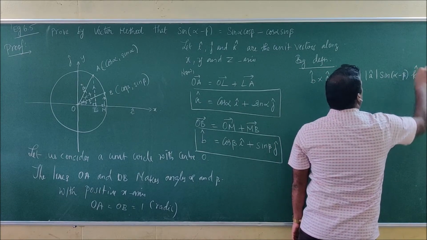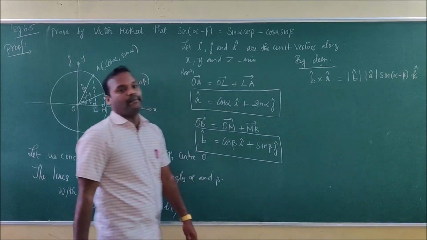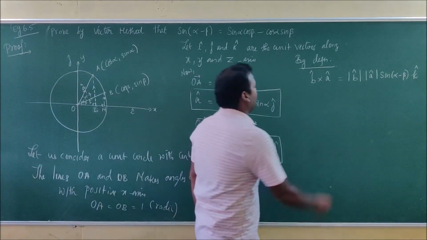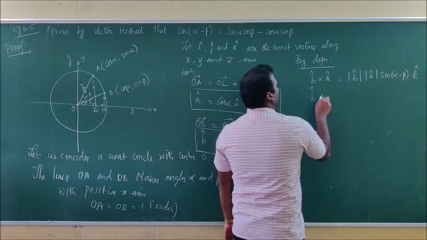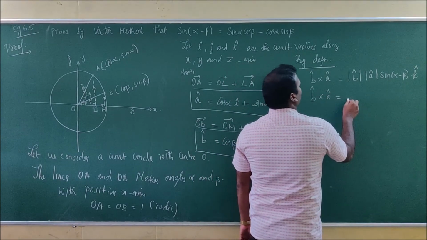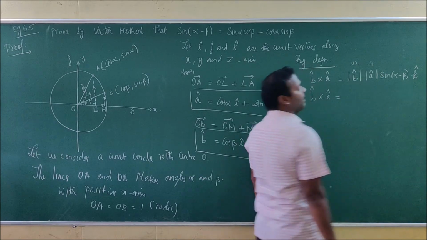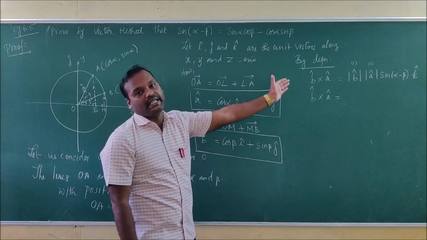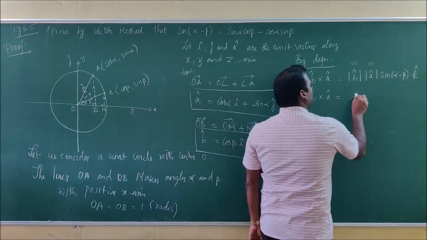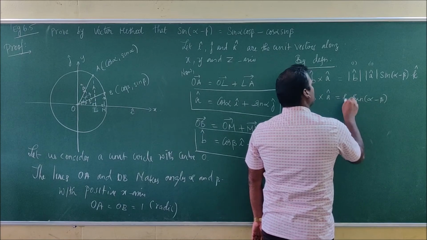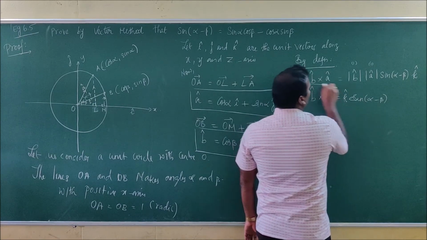The unit vector perpendicular to both i cap and j cap is k cap. So B cap cross A cap is equal to, this is 1 and this is also 1 because they are all radii of the unit circle, so you are left with only sin alpha minus beta into k cap. This is the thing.